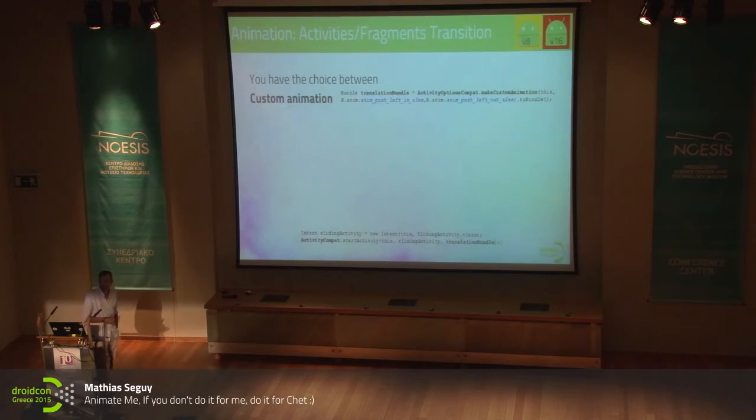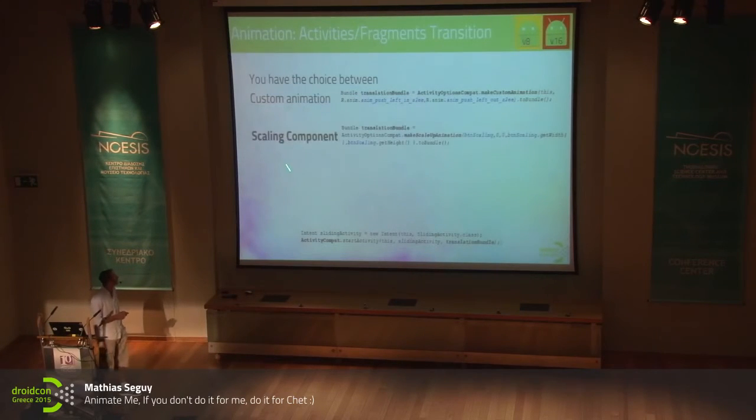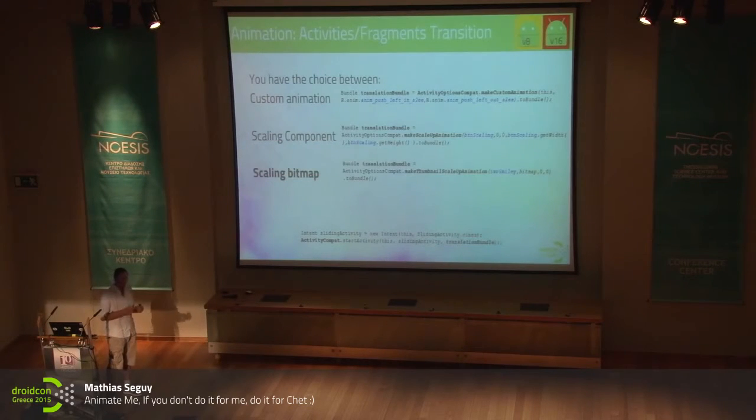And automatically the animation will be done for us. So it will be done like we want after JDB, and between Gingerbread and JDB it will be on this side. We have the scaling component, so you can take a button, an image view or whatever, and scale it to the next activity. We have the scaling bitmap. You can take a bitmap and scale it to the next activity as background, for example.